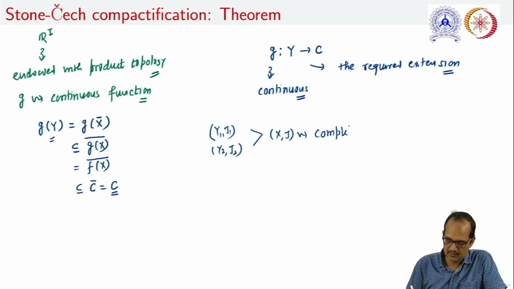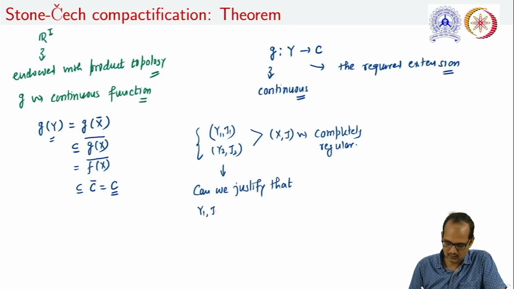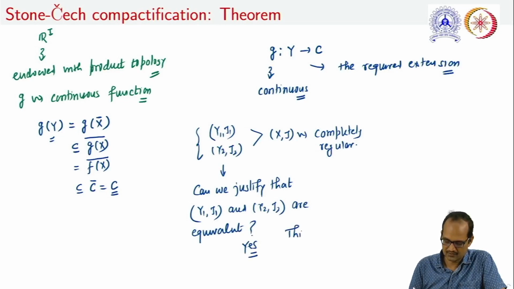The question is, can we show that such compactifications are equivalent? It can be justified that the spaces Y1, tau 1 and Y2, tau 2 are equivalent. The answer is yes. Just think on it.